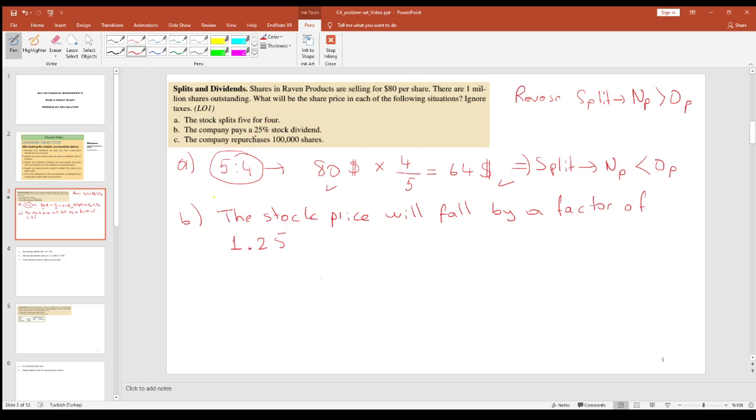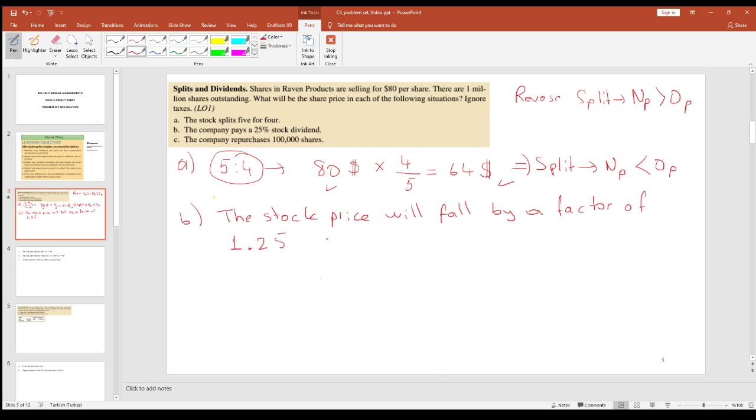It is because now we are going to distribute 25% stock dividends, which means per each stock we are going to pay 25% of stock. So this makes a 1.25 factor.